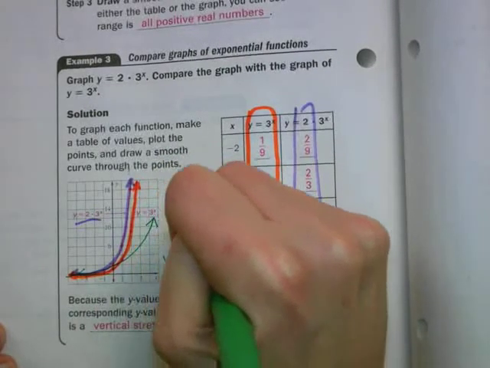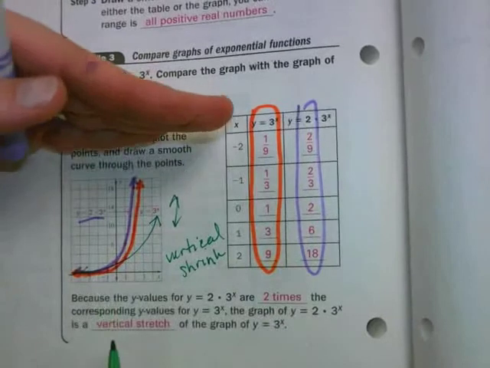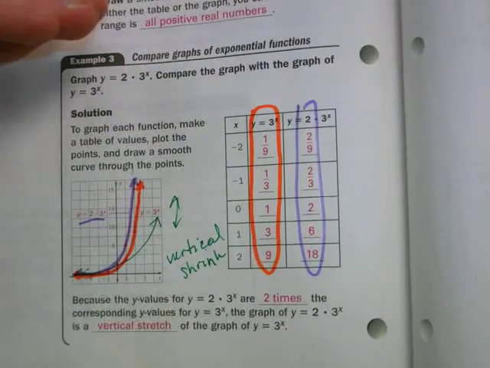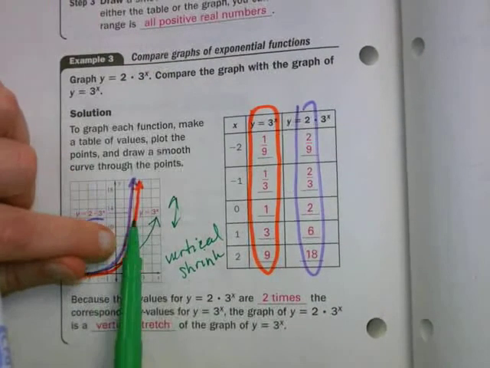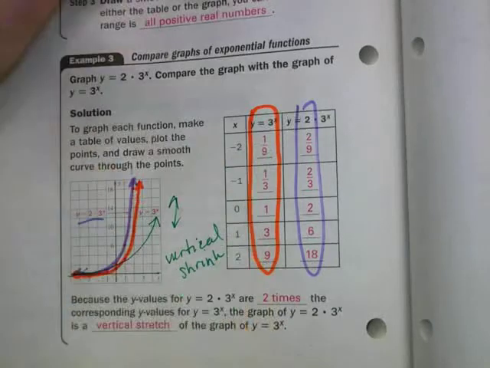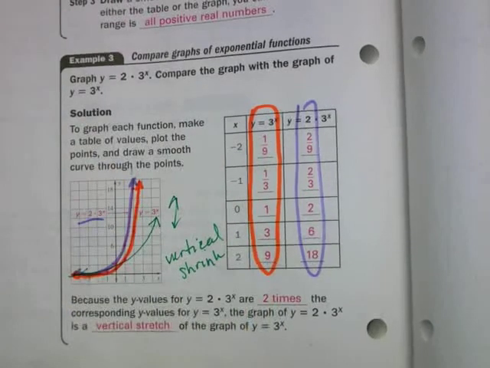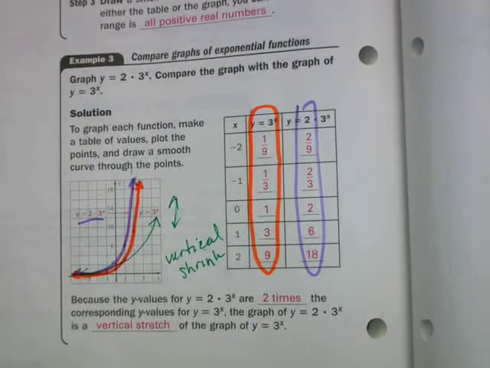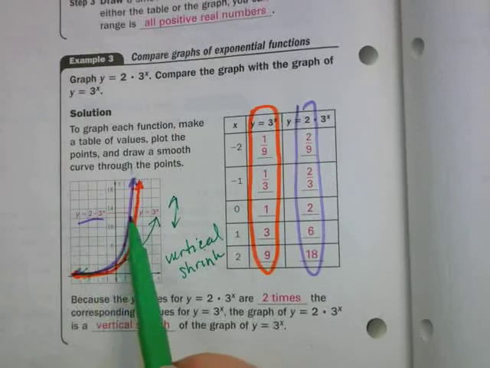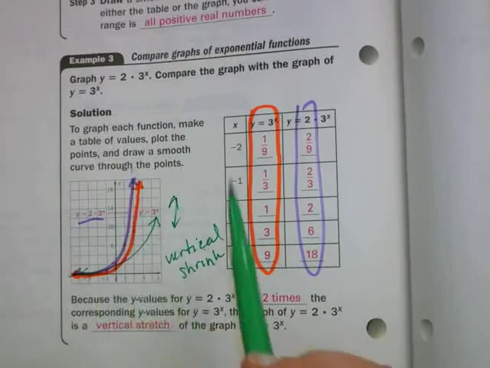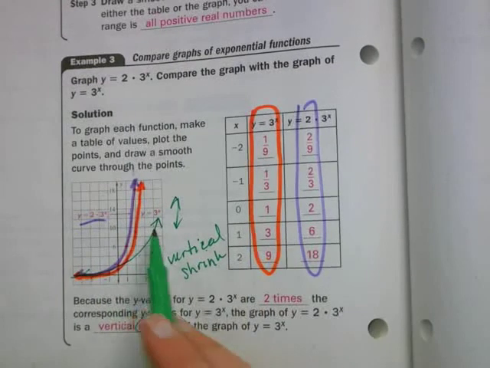Like somebody sat on the orange line and made it wider. This one, someone's taking the orange line like it's a rubber band and it's stretching it up, and they're really close to each other right now on this graph, so it's hard to see that. But it's definitely steeper. When it's steeper, it's a stretch, and when it's not as steep, it's called a shrink.